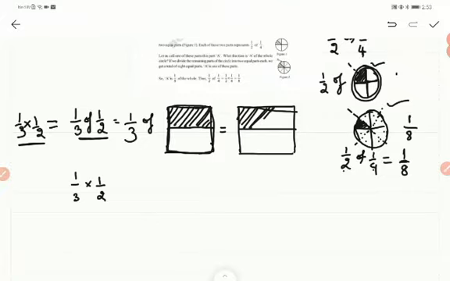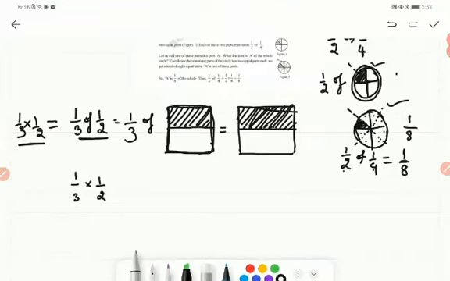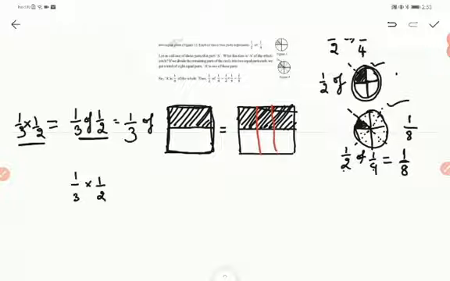You are shading this particular region. Now let me take the division of 1 by 3, 1 by 3 of this 1 by 2, isn't it? In 3 equal divisions, only one region is shaded. So only this region you are getting as a shaded one.